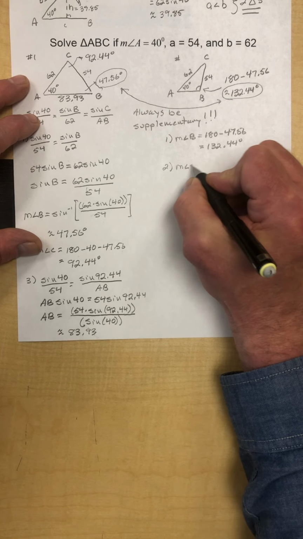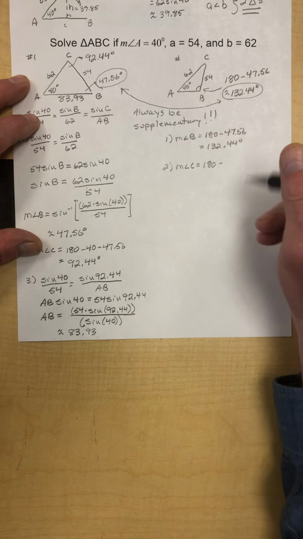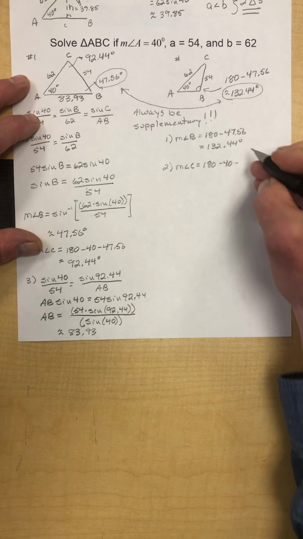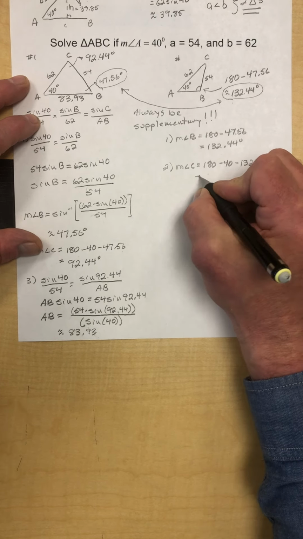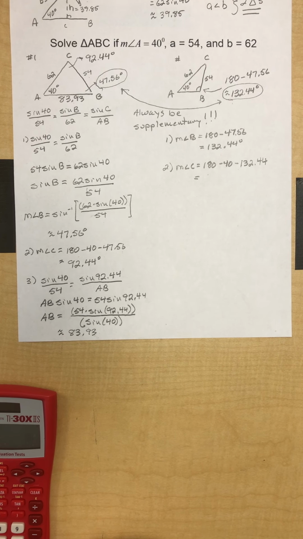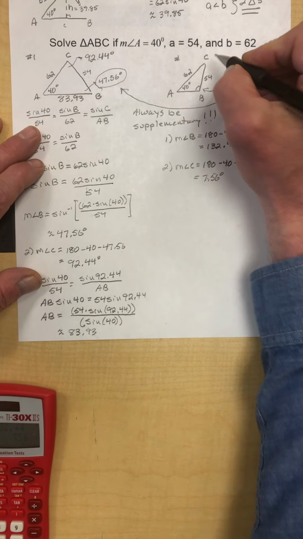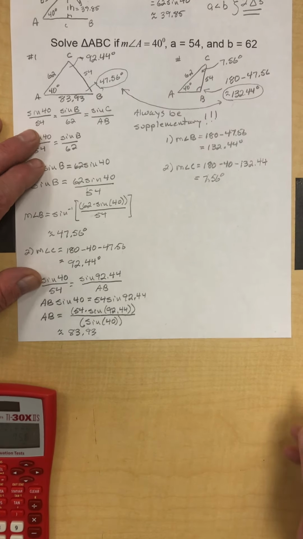The measure of angle C is 180 minus this 40 degrees from angle A minus this 132.44 from angle B. 180 minus 40 is 140, so 140 minus 132.44, and I get 7.56 degrees. So this guy right here is 7.56 degrees.